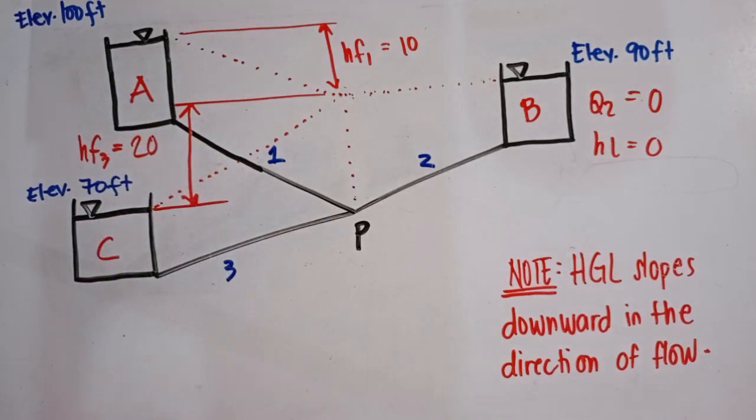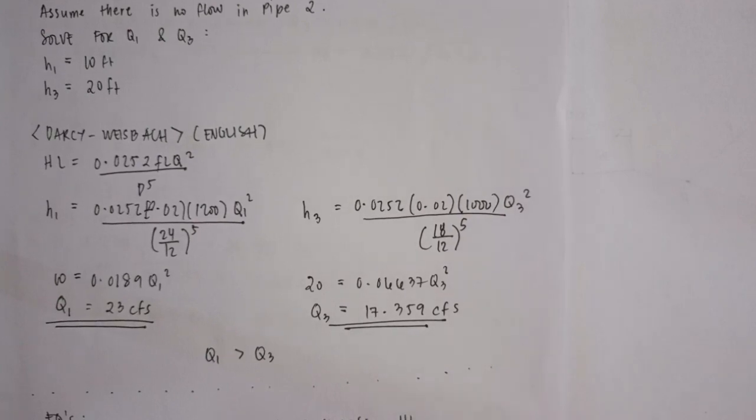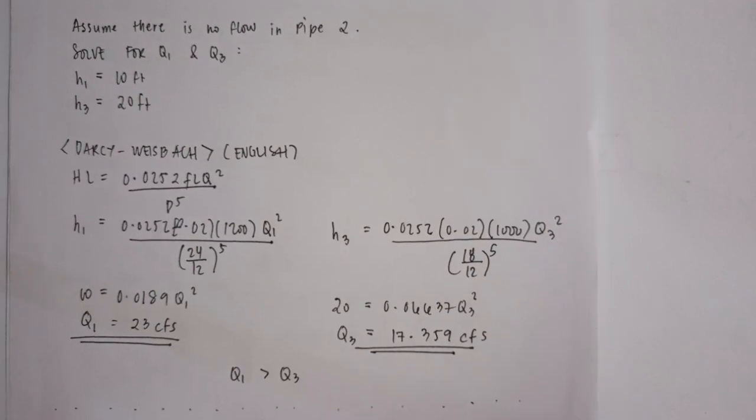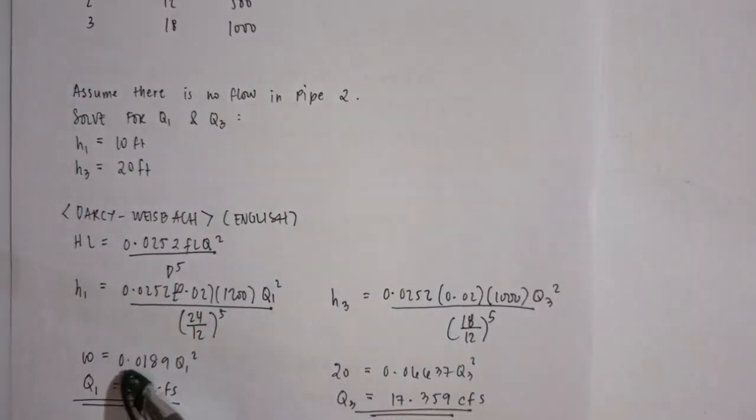Now that we have our head losses 1 and 3, we can compute for our Q1 and Q3. Using the Darcy-Weisbach formula in English units, we have HL is equal to 0.0252 FLQ squared over D to the power of 5. We're just going to substitute the values of pipe 1 and our head loss of 10 feet in the formula.